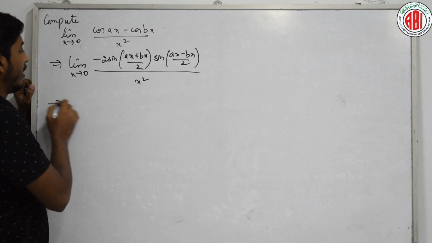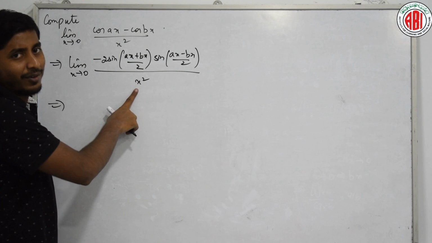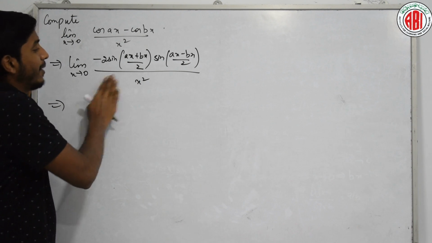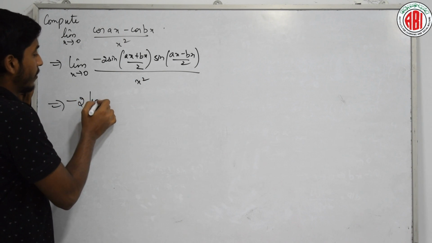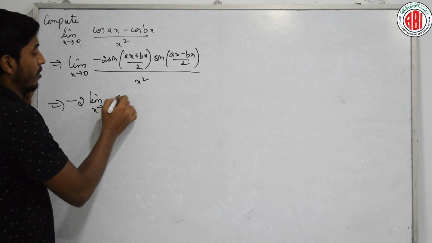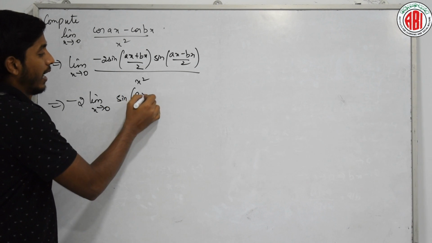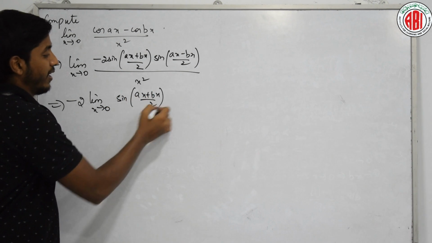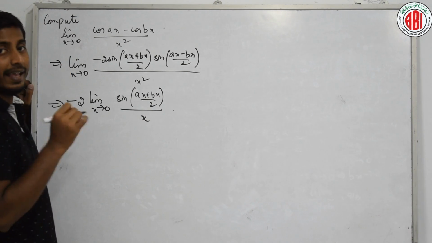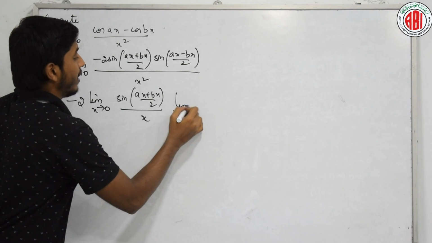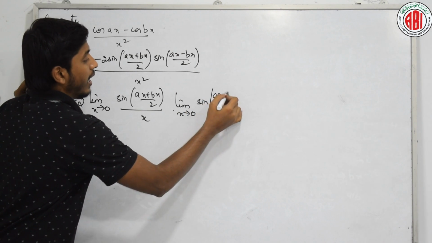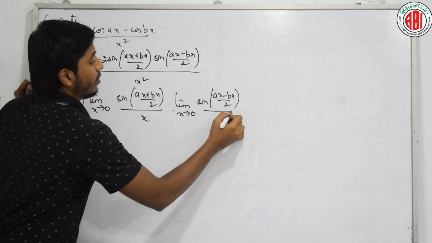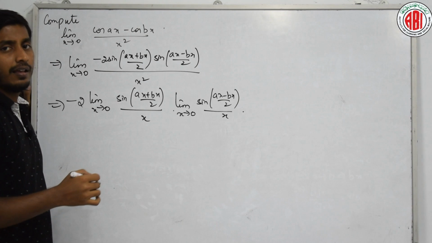Now hope you can understand the meaning of this x square, that is we can separate the x for both the terms. That's it. Minus 2 limit x tends to 0 sin of Ax plus Bx divided by 2, the whole divided by x, into limit x tends to 0 sin of Ax minus Bx divided by 2, the whole divided by x, right?